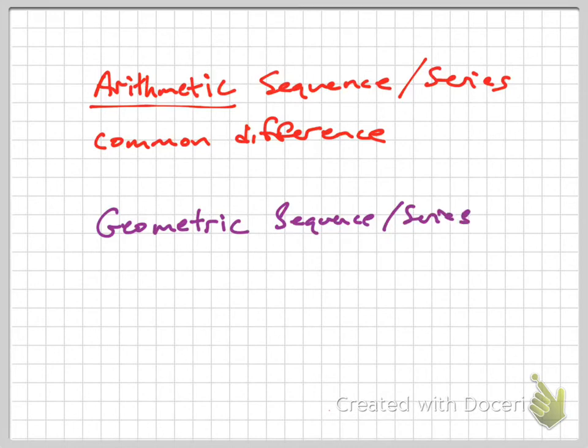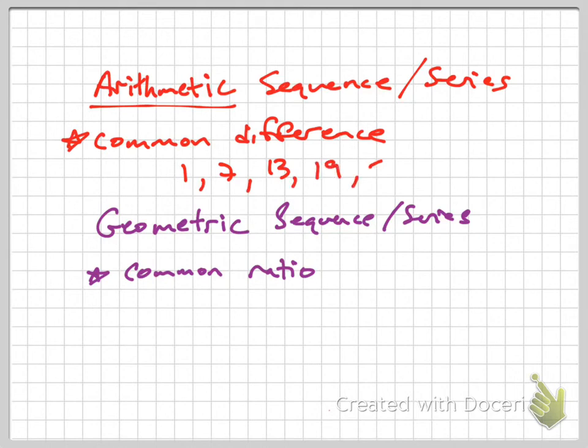So that would be a common ratio. So let me give a quick example of each here. For instance, arithmetic could be 1, 7, 13, 19, 25, 31. I could keep on going like that, whether it's infinite or finite.